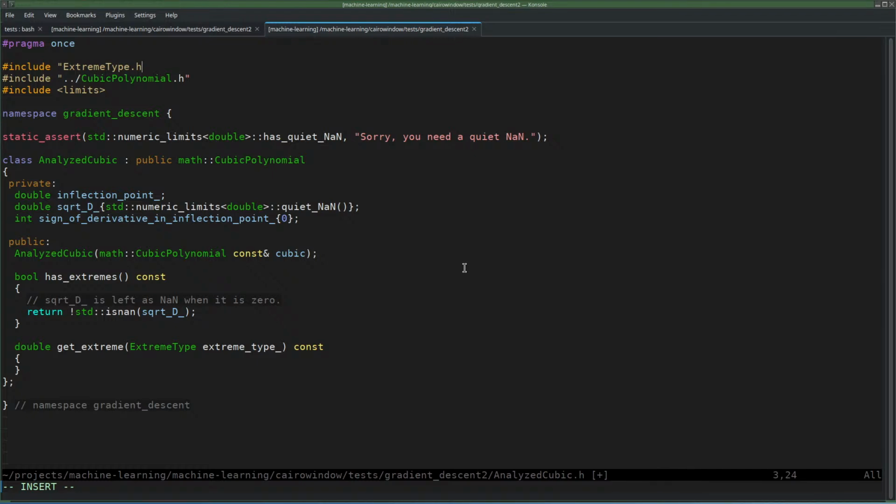Every time you add a new header, you have to add it at the top. I refuse to explain why. Well, that's not true, of course. The newest headers must be on the top. So if later you add a standard header, then you have to add it at the bottom. Get extreme. Okay.